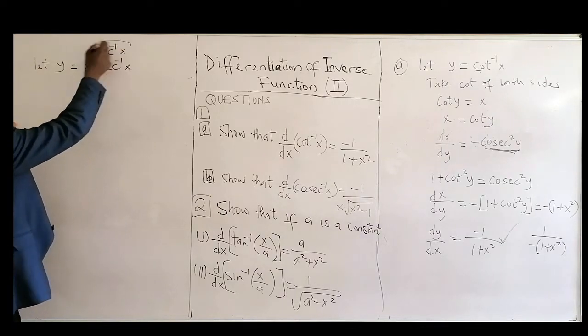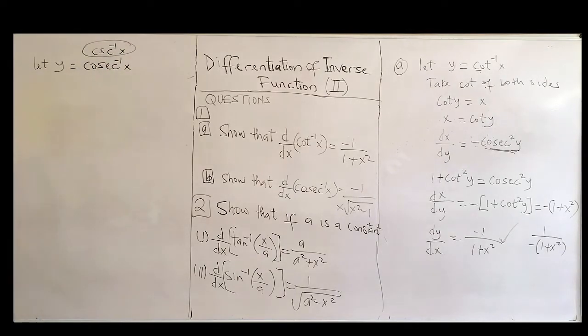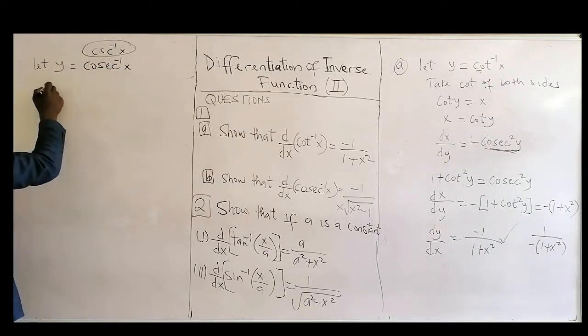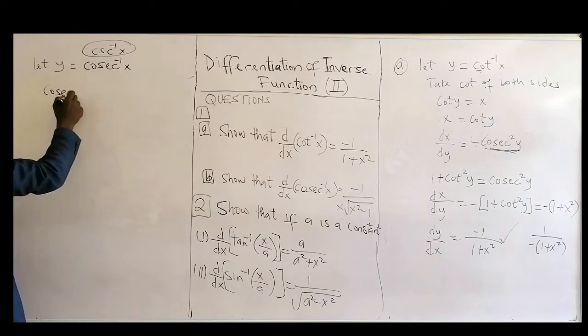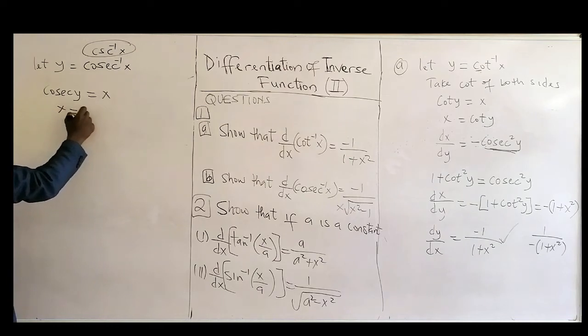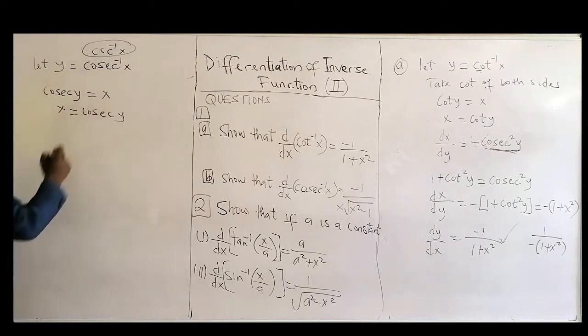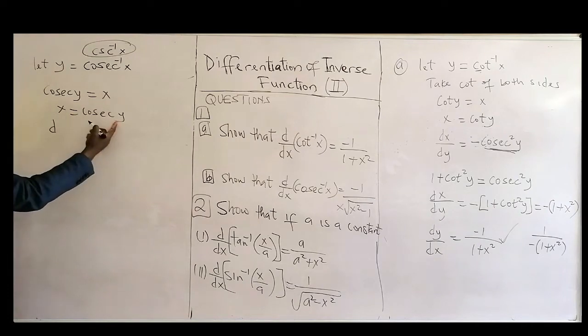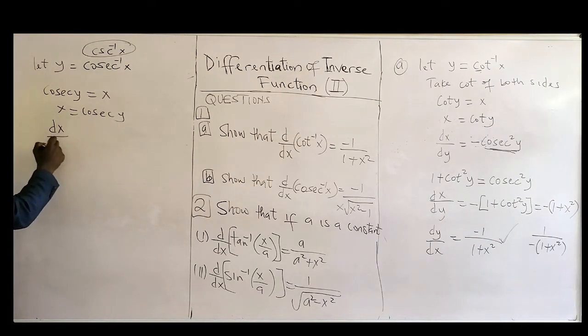We can write it this way, it is correct. Can you take cosec of both sides so that we can cancel the inverse? So that will be cosec y equal to x, which is x equal to cosec y. Can we find the differential coefficient? x is a function of y, so we can get dx/dy.